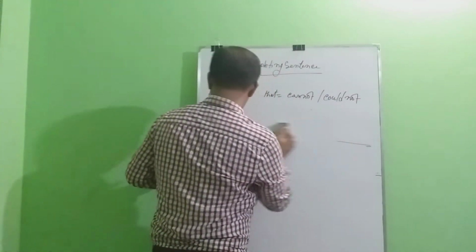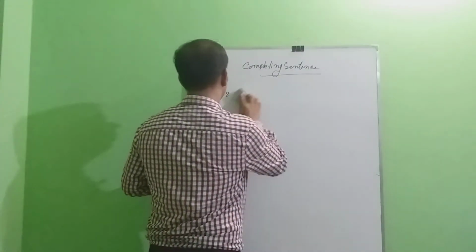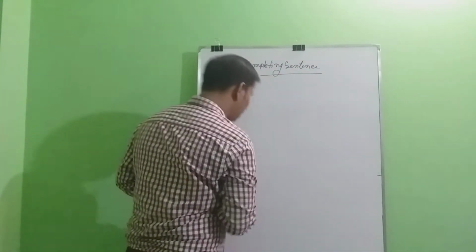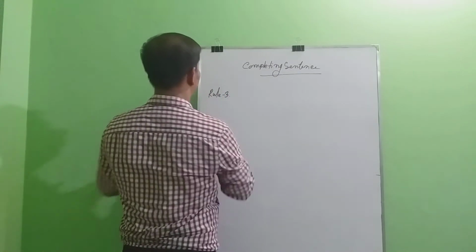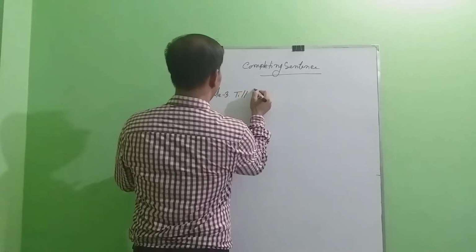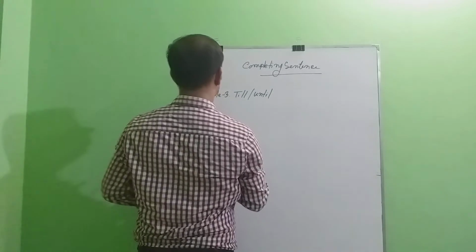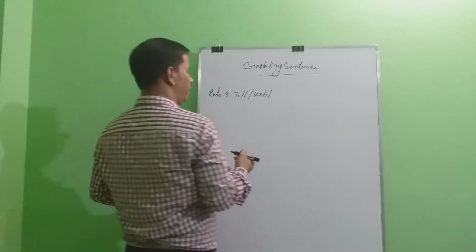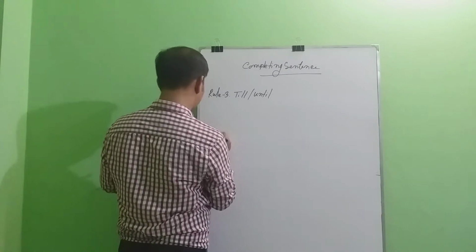So let's go to the next rule. The next rule is 3. Use of till and until. Let me give you the example for this rule.